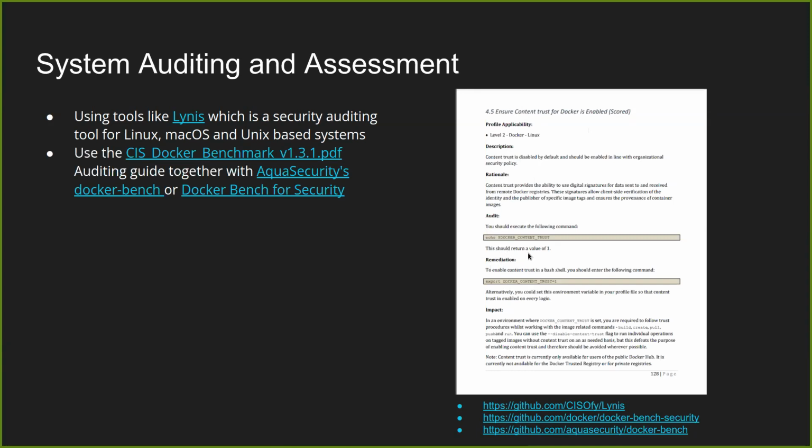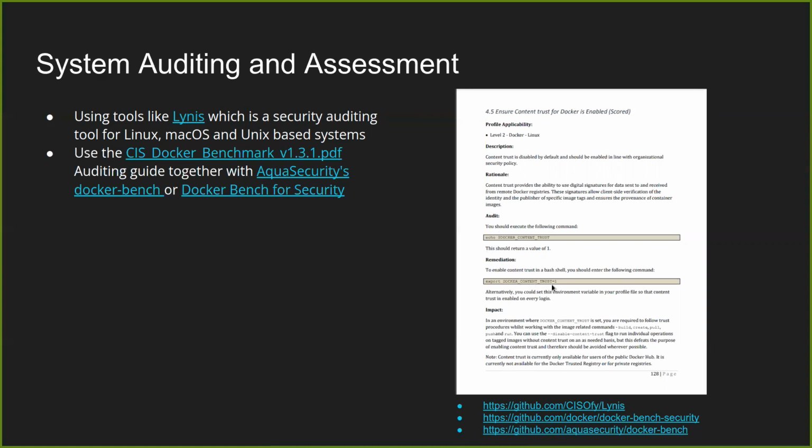So in the previous slides, I mentioned this thing called the DCT, the Docker Content Trust. The document tells you what this thing is, the rationale behind why you need to enable it, and how one would enable it.